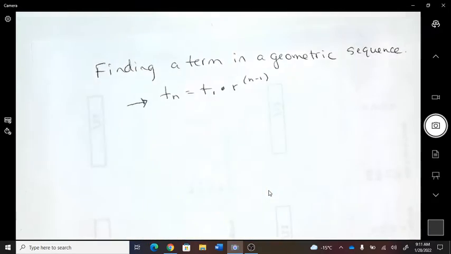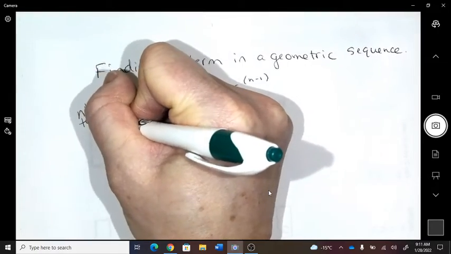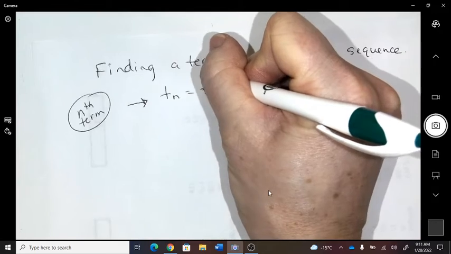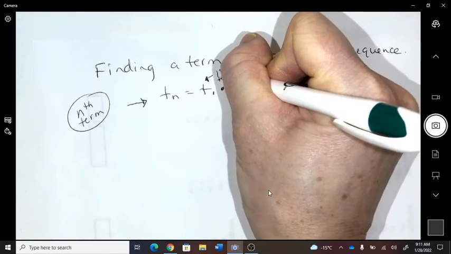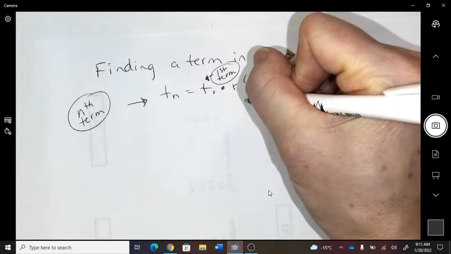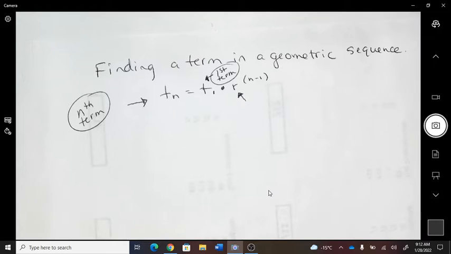So we already knew from the last time, Tn means the nth term. First term. Okay, this is the new part of the formula. We didn't have an R last time. We had a D in that formula.